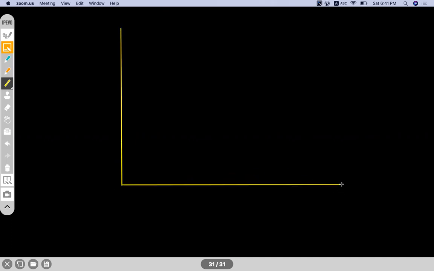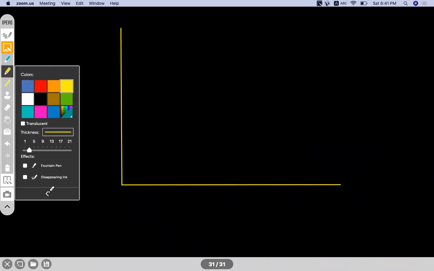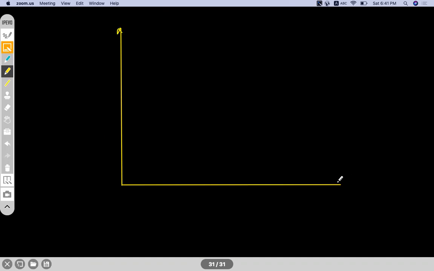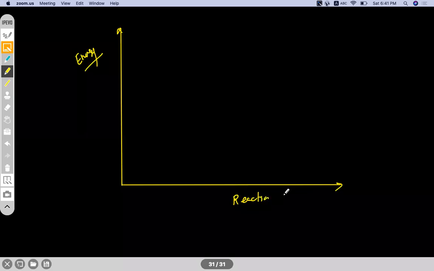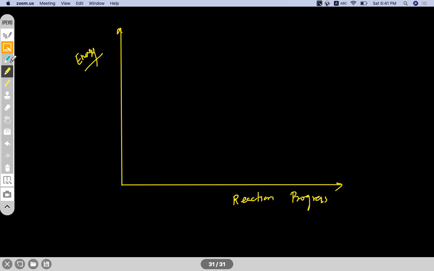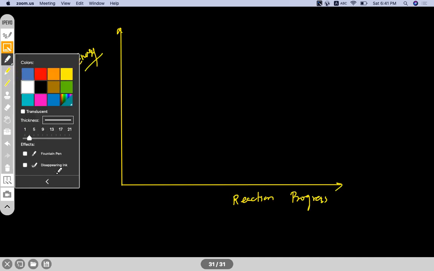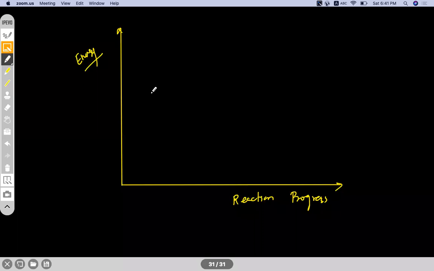We have the same coordinates, X and Y. I'm assuming the energy of the reactant is somewhere here.